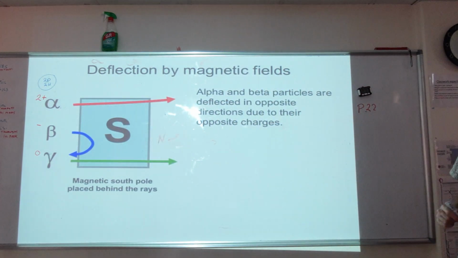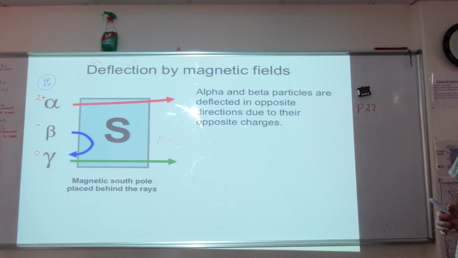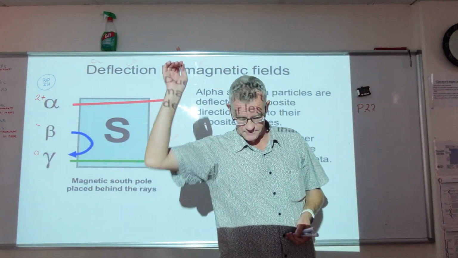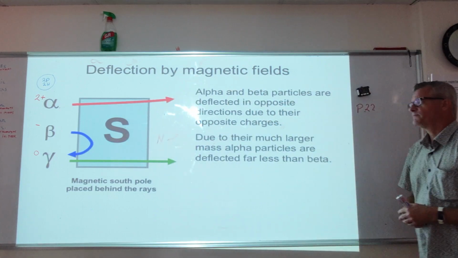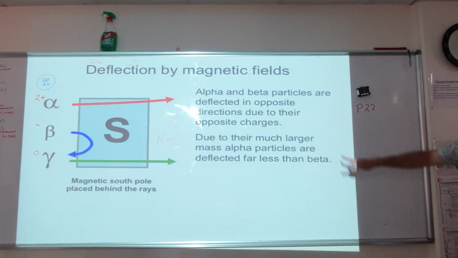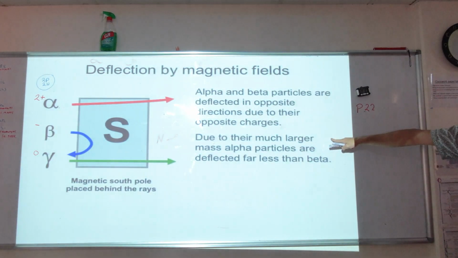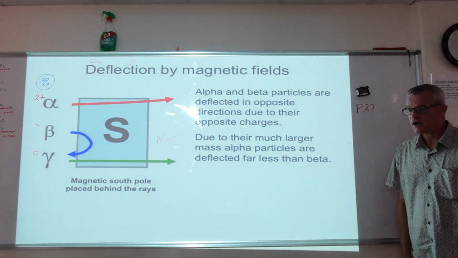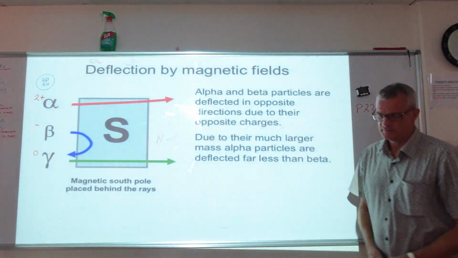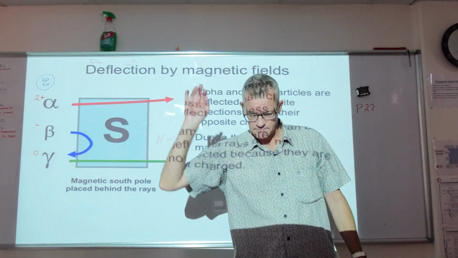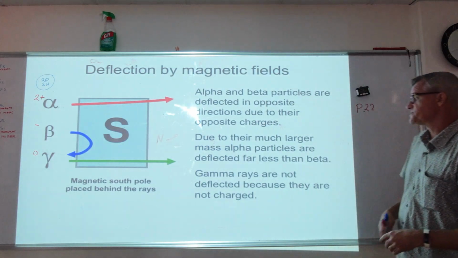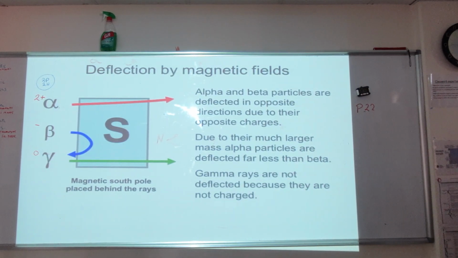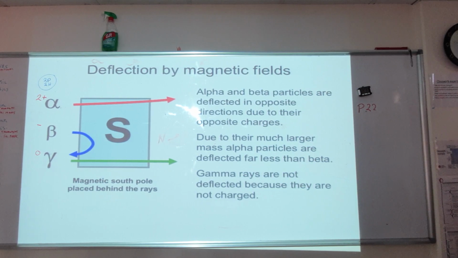So they are pushed in opposite directions, and the gamma is going straight through. Because of the larger mass of the alpha particles, they are deflected far less. And gamma rays are not deflected because they are not charged, so they cannot be deflected. Okay? Make a note of this.